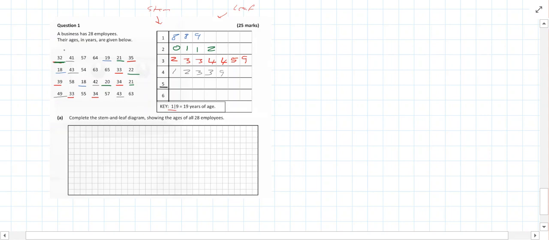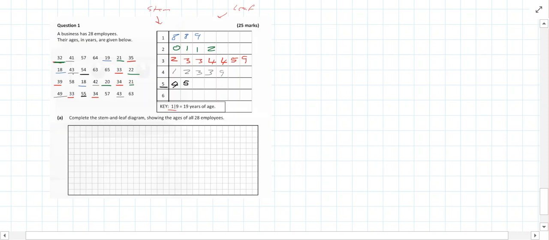So let's have a look. So we have 54, doesn't seem to be anything lower than that, 54, so we put our 4 in there. We've got 50, 55, so we put our 5 in here. What's the next one up?